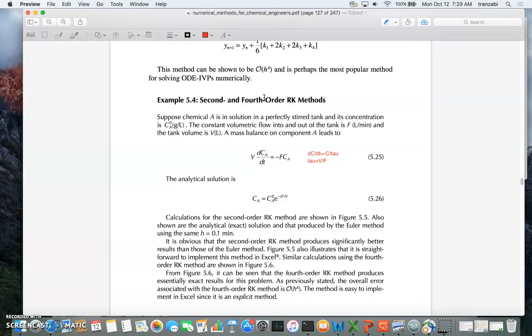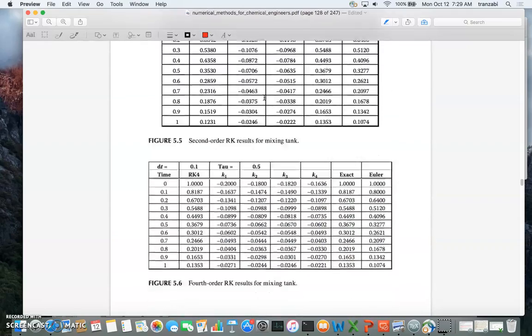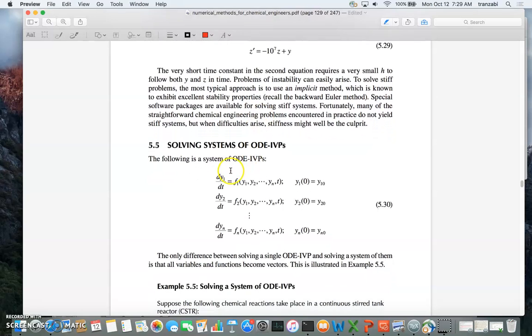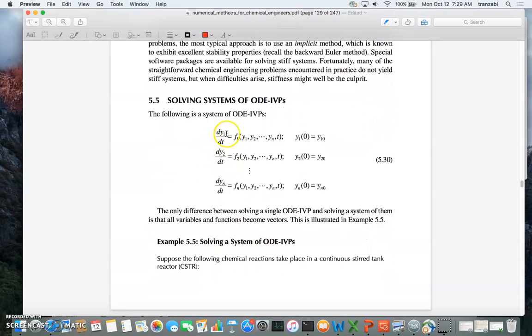So that's what we deal with, a system of equations. So like we're going to have dy1/dt, dy2/dt, all the way to dyn/dt. Like we have n equations with their right-hand sides. And their right-hand sides are functions of those n y's and the t. So the independent variable and n dependent variables.